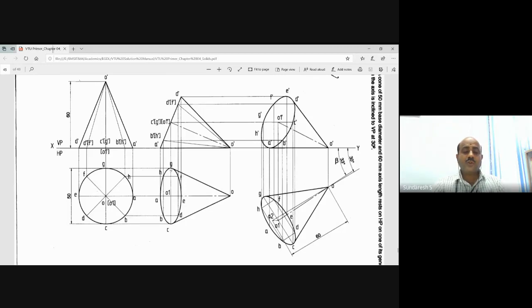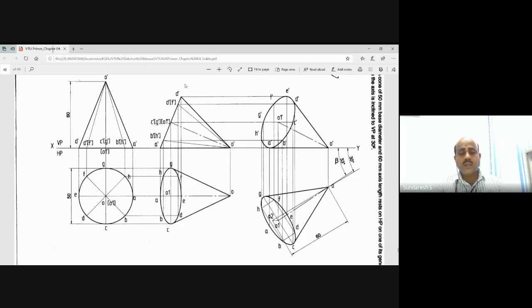So join all those 8 points with a smooth curve. Don't join with a line or with a scale. It is a circle looking like an ellipse. Okay, so the ellipse should be a continuous smooth curve. Join those, and of course join the end generators with a continuous thick line.